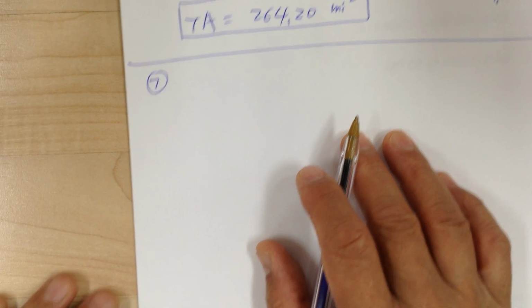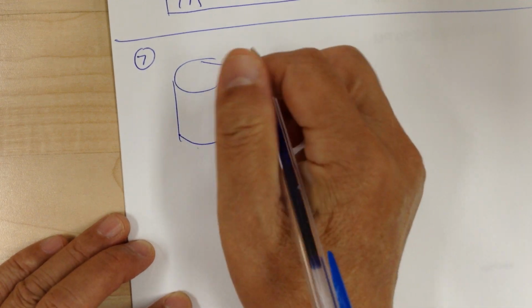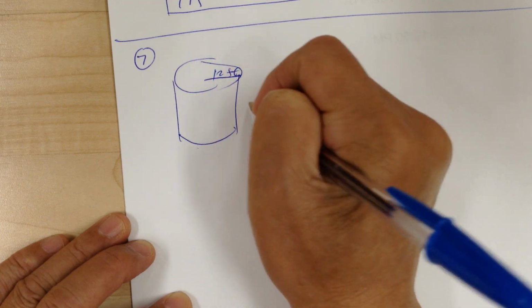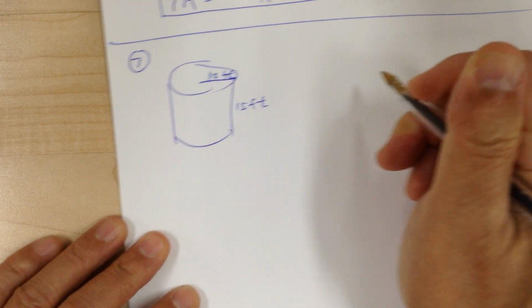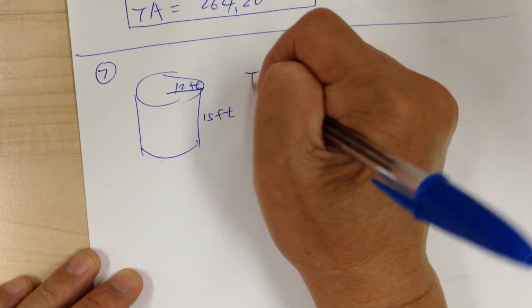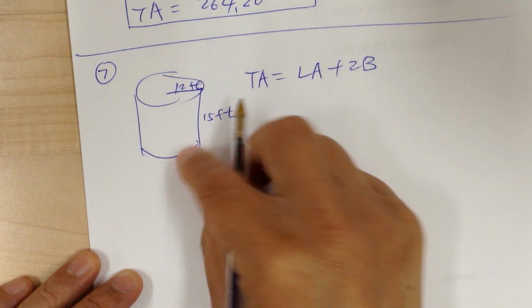Okay, so now we have this cylinder, and the radius is 12 feet, and this is 15 feet. So again, this is a cylinder, so the total area equal to lateral area plus 2 bases, right, top and bottom.